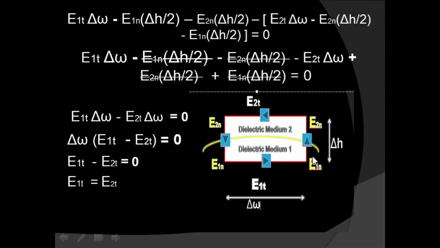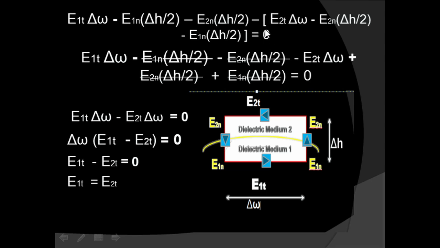The third term is negative again, since this is a perpendicular direction, so the negative sign is indicated. So E2n times del h by 2. This is also perpendicular and in the opposite direction, so again I take the negative sign. The fourth term is E2t times del omega, minus E2n del h by 2, minus the last term, E1n times del h by 2, equal to 0.